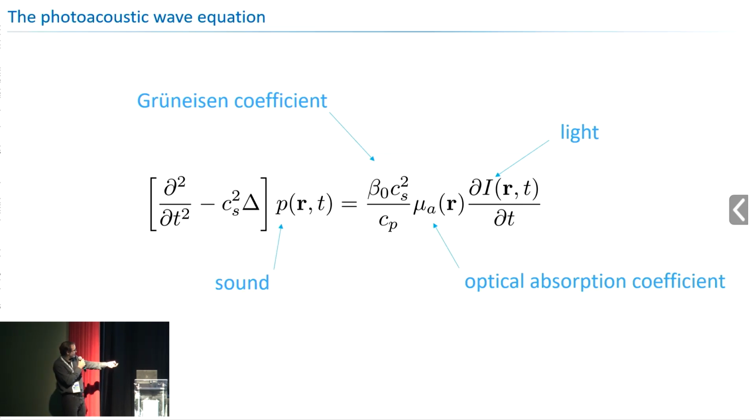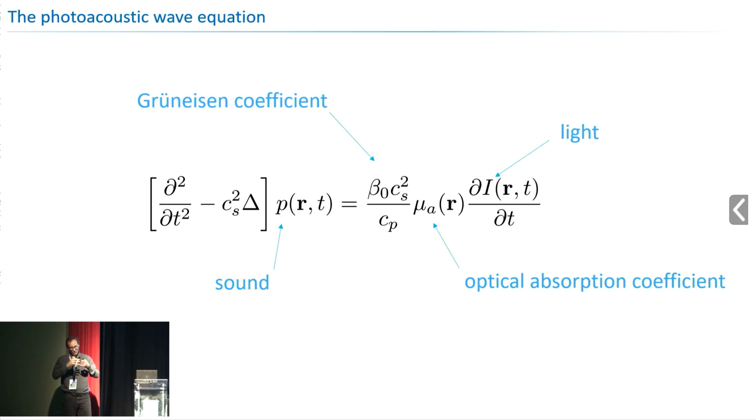Then there is a conversion factor, which involves the heat capacity of the medium, the speed of sound, the same as here, and the fact that when you heat any medium, it wants to dilate. So the transformation of optical energy, light intensity, into pressure waves goes through the fact that if light is absorbed, it's going to heat up the medium a little bit.